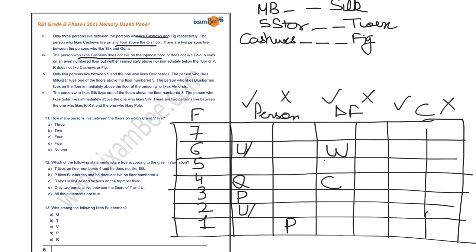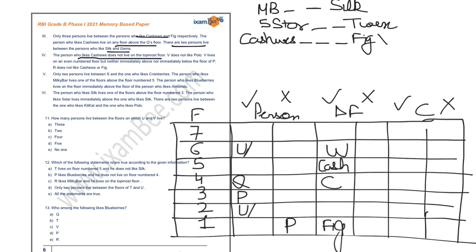So I can write cashew over here. Also, we know that there is a gap of 3 persons between the person who likes cashew and fig. So the only possibility where fig can be placed is at floor number 1. So I'm writing fig over here, right? Now you also note that there are 2 persons living between who like silk and gems.